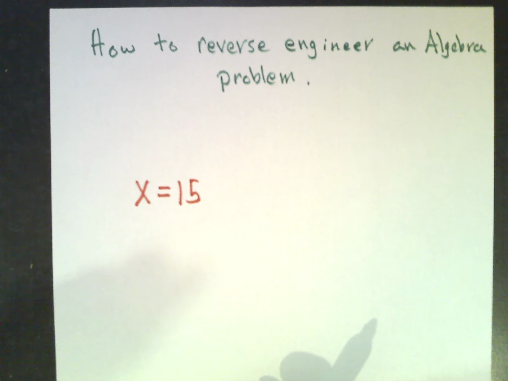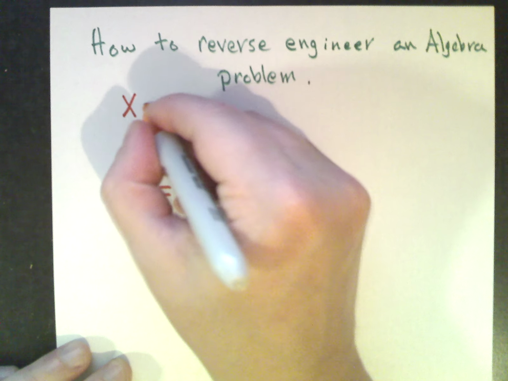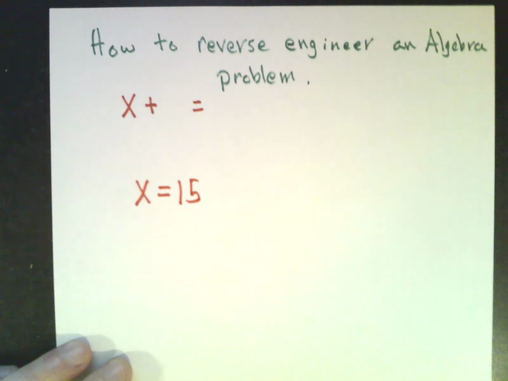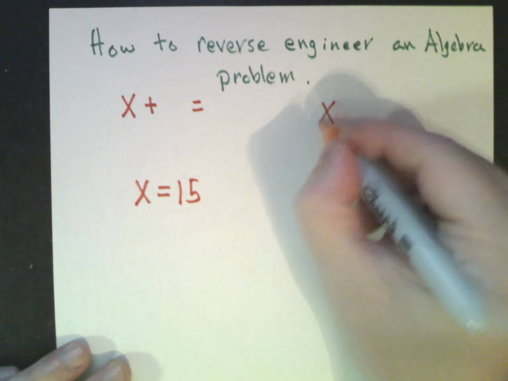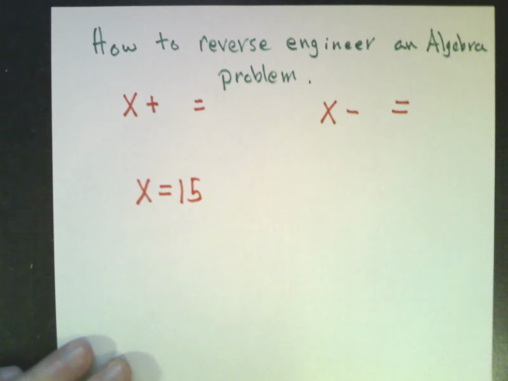So now the question really is, how do you make a one-step equation? Well, what I want to have, let's say one way, is x plus something equals something else. That's a one-step addition, or I could do x minus something equals something else.